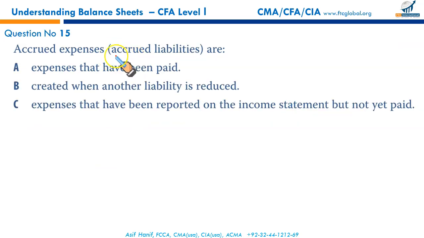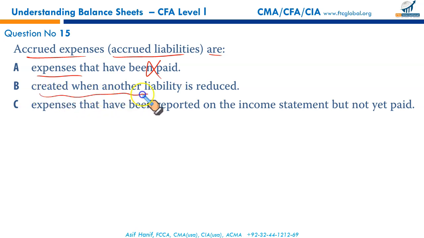Accrued expenses and accrued liabilities are what? Accrued expenses are the expenses that have been incurred but haven't yet been paid. Salary due, wages due, rent due, insurance due, many expenses. They have been incurred but haven't yet been paid. They are called accrued expenses or accrued liabilities.